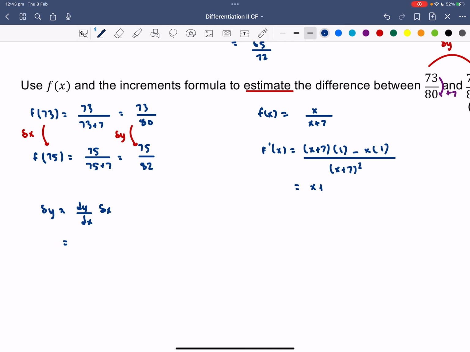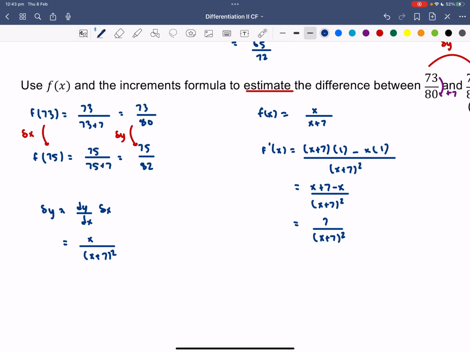Which is basically x plus 7 take x, on x plus 7 squared, which is just 7 on x plus 7 squared.